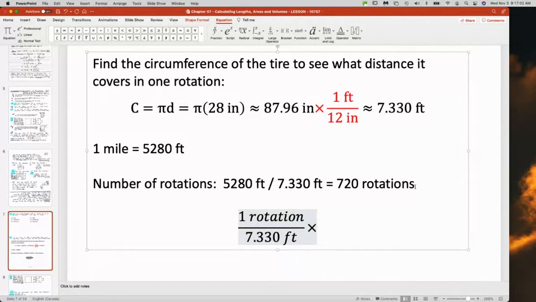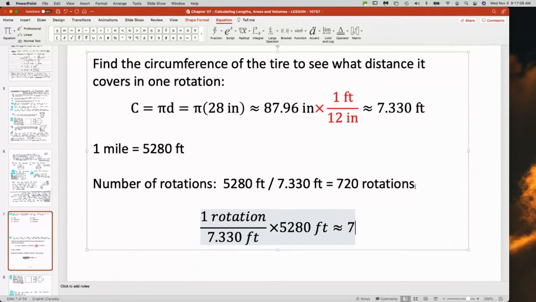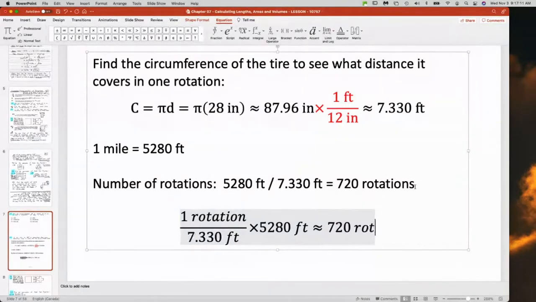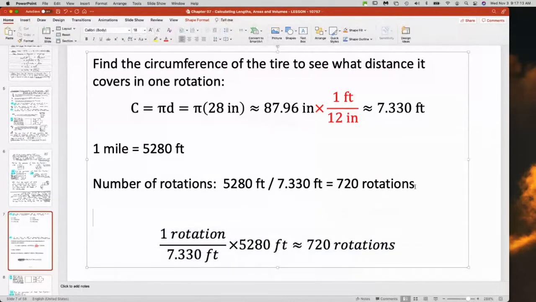And if I multiply that by 5280 feet, then the feet cancel and you get 720 rotations. This is fancy. You don't have to say that, okay? You say this.